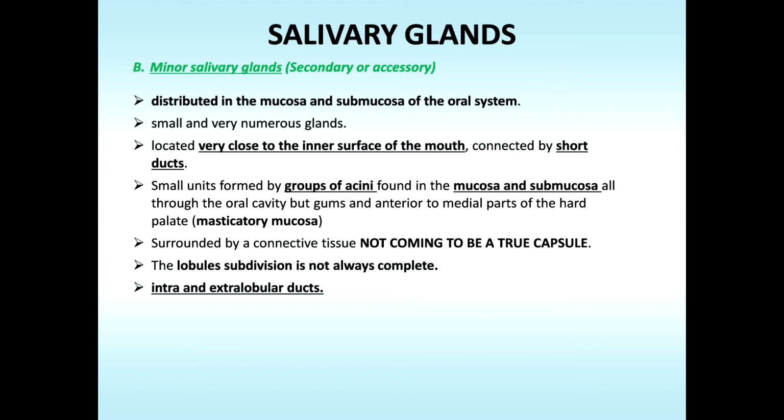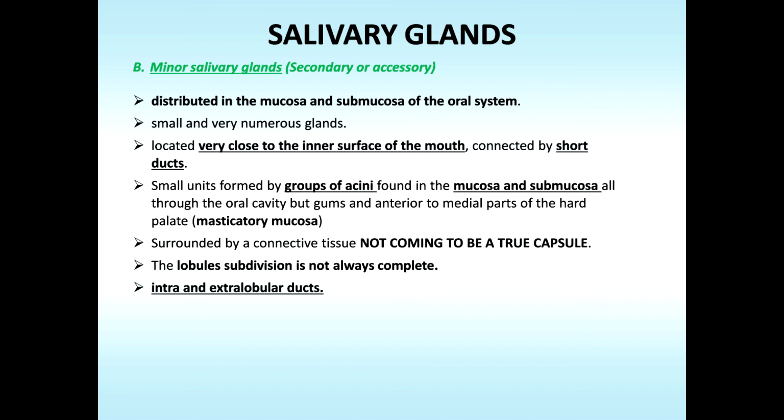Regarding the type of secretion, all of the salivary glands have a predominance of mucus secretion, except for one minor salivary gland, which is called the von Ebner gland. This von Ebner gland is located in the dorsum of the tongue, and together with the parotid gland, it is the only one which contains 100% serous secreting cells.